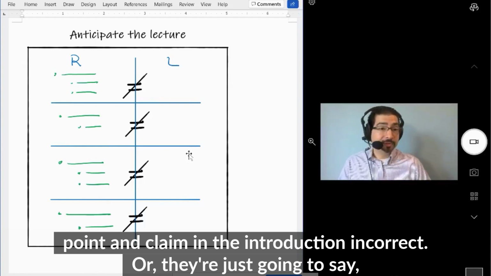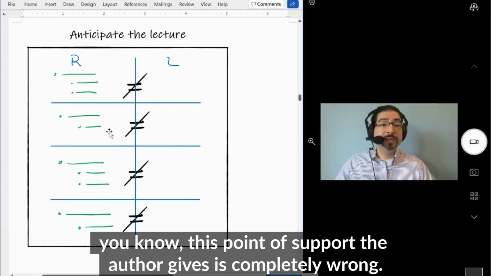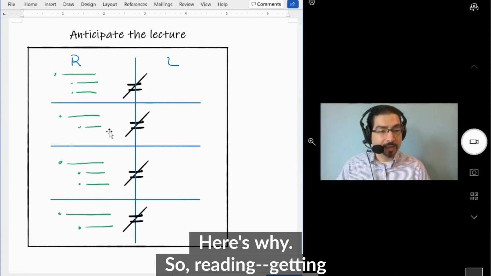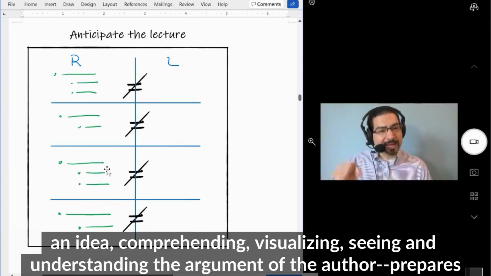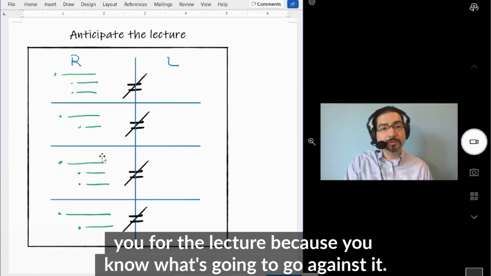Or they're just going to say, this point of support the author gives is completely wrong. Here's why. So reading, getting an idea, comprehending, visualizing, seeing and understanding the argument of the author prepares you for the lecture because you know what's going to go against it.